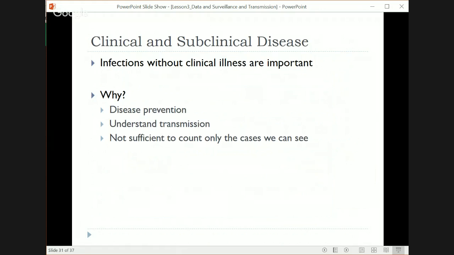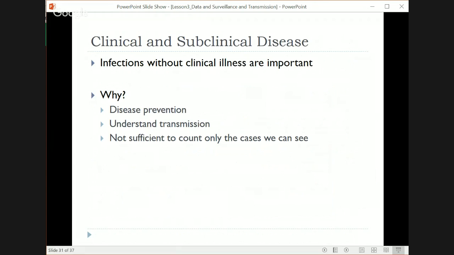And why are infections without clinical illness important? Again, it's to understand transmission in order to prevent disease. And importantly, if we want to understand the incidence rate or the true prevalence of a disease, then it's not sufficient to count only the cases we can see.